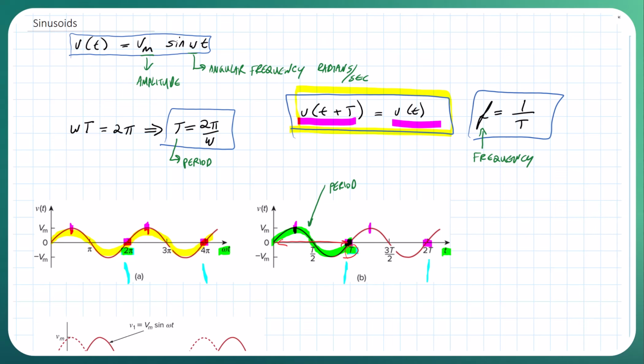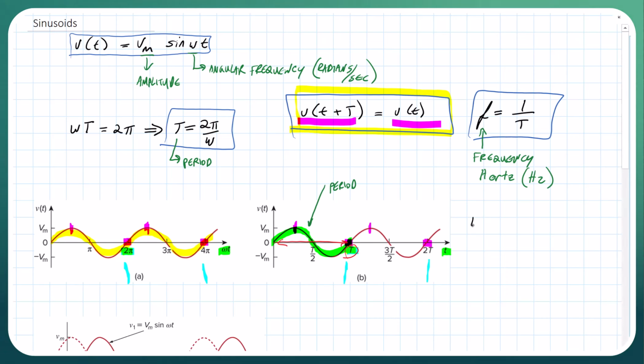So our omega, we said, was angular frequency, and now our f is going to be in hertz, or Hz, as opposed to our omega, which is our angular frequency. Okay, and we can go back and forth between our f and our omega through this relationship here.